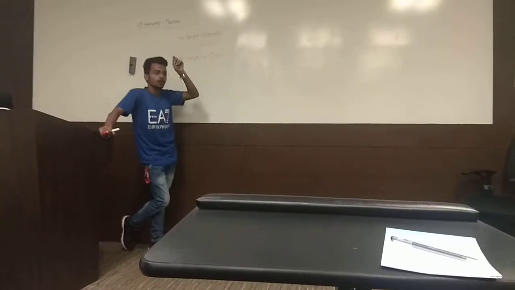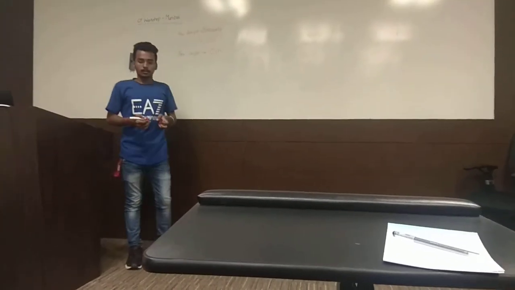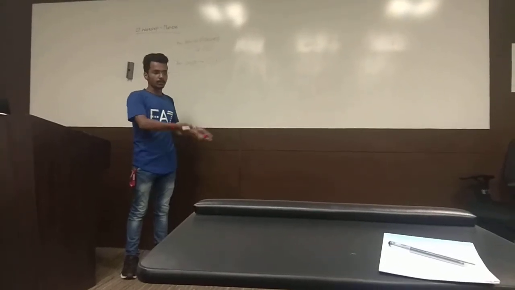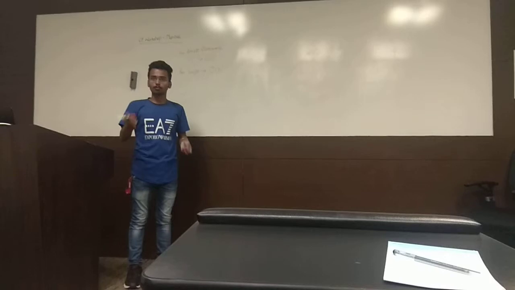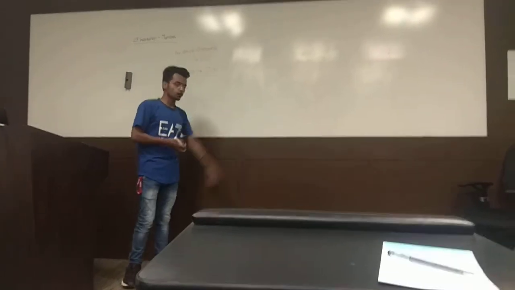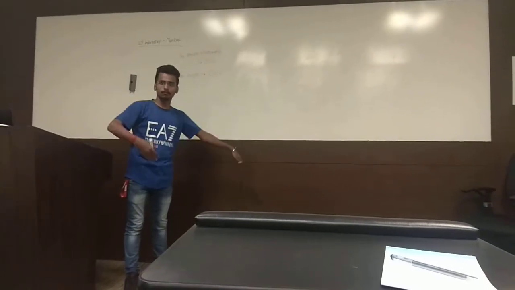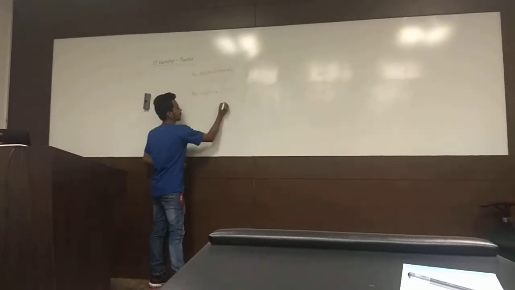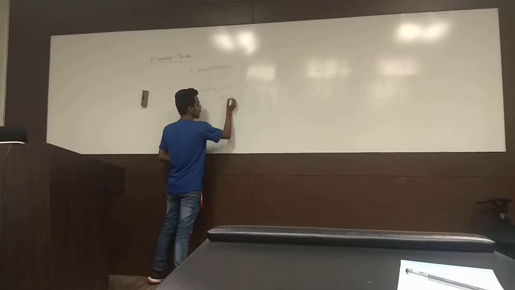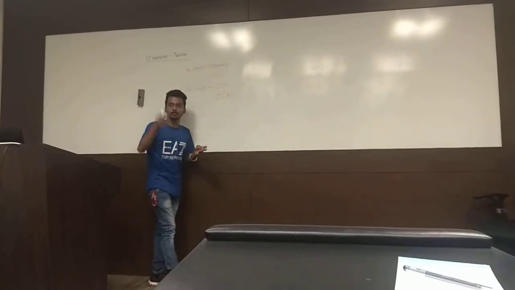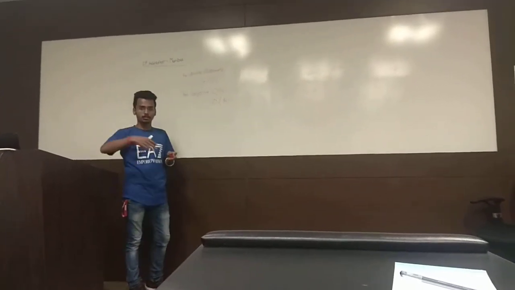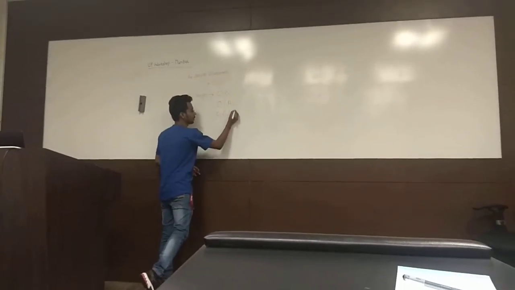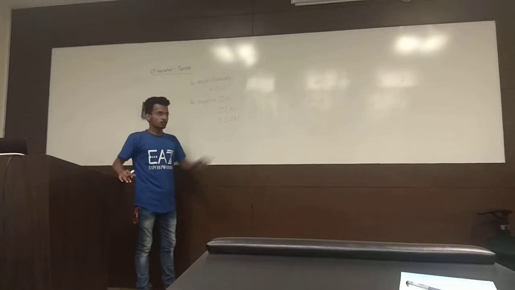Suppose I ask you the time complexity of calculating the area of this particular room, with length and width. In that case you can consider time complexity as big O of A, which is area, or you can take length into width as well. This is the same as this one.